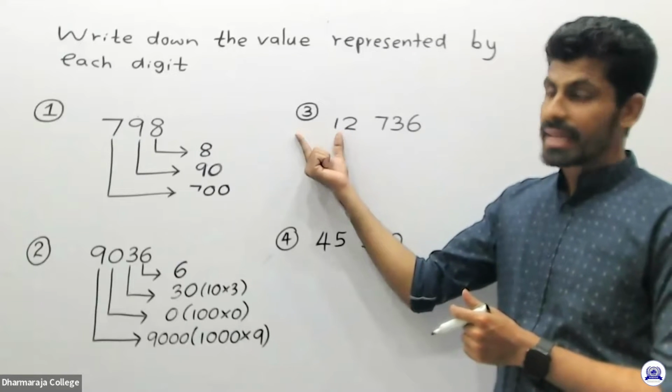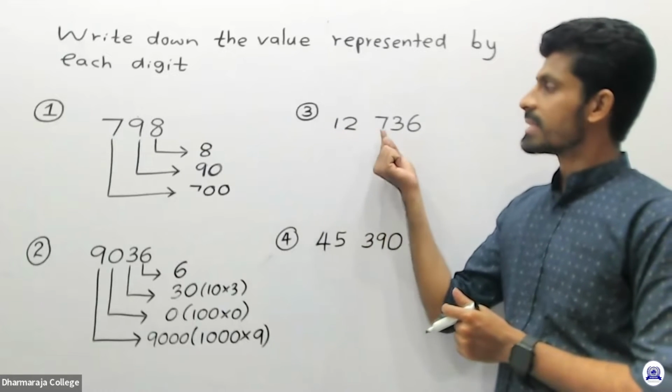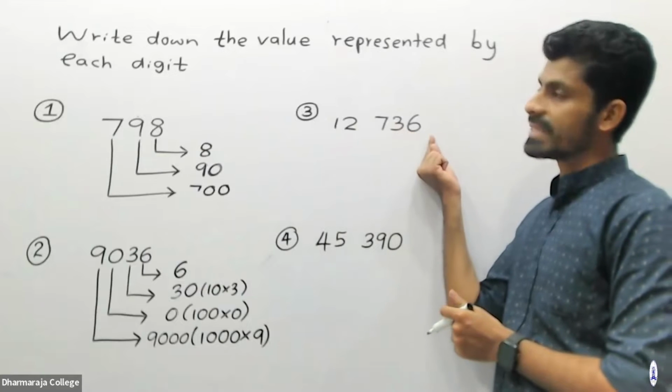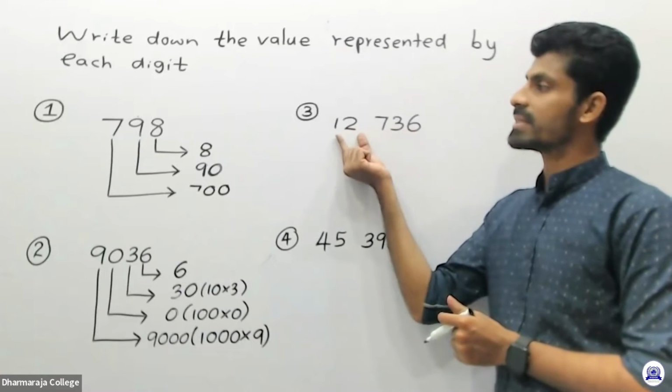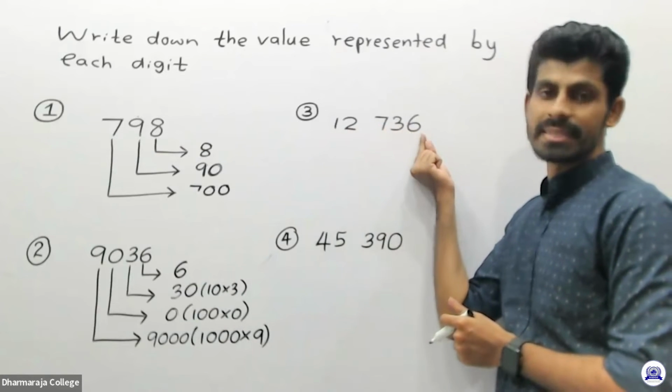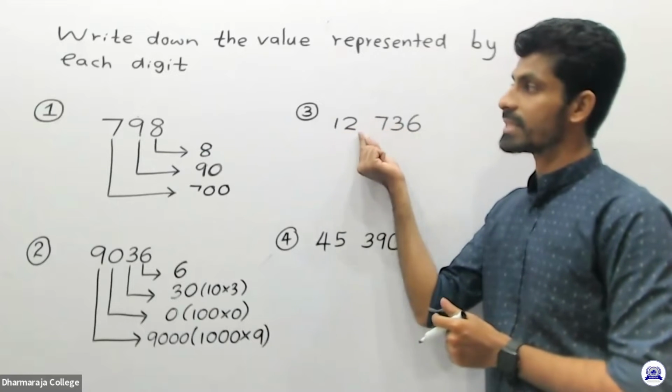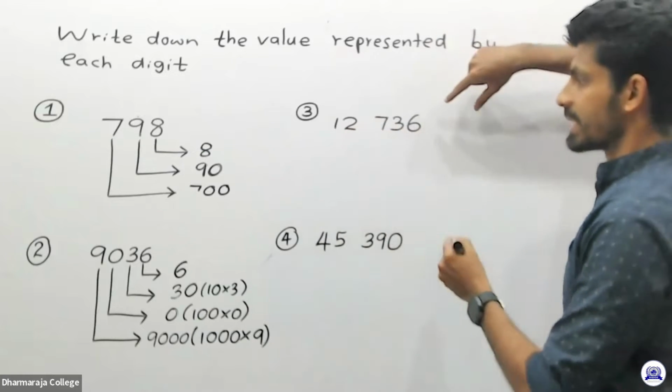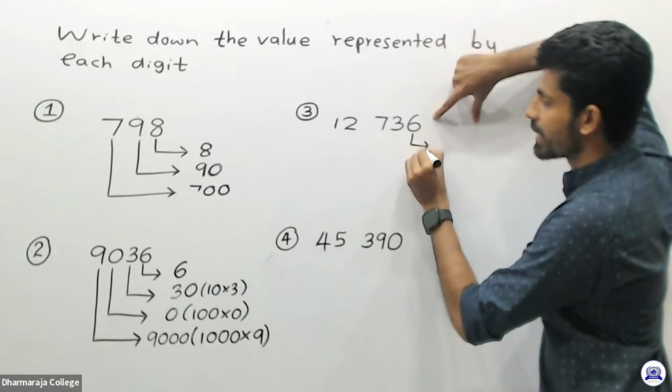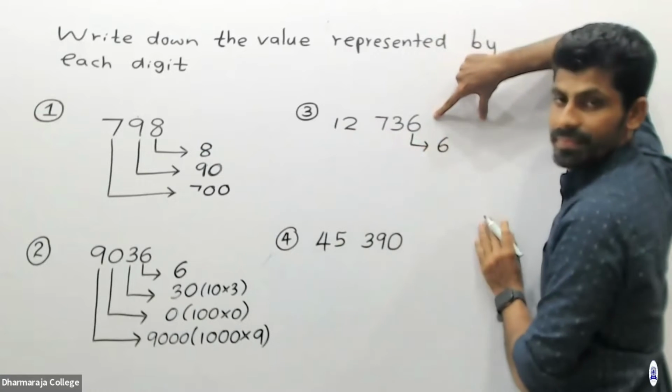Question number 3. 12,736. So that means this one equals 6.